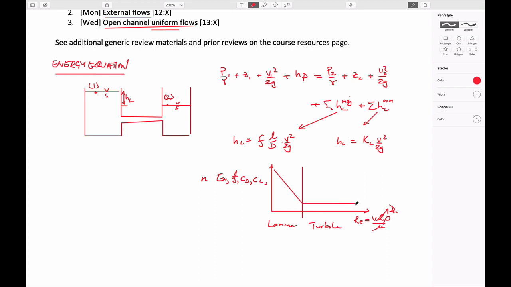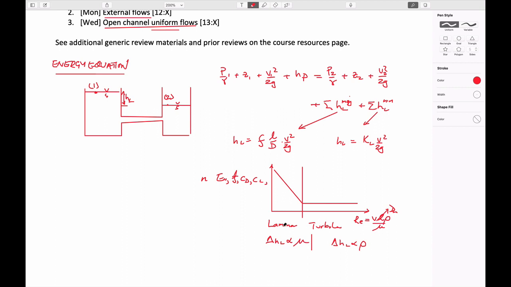with different characteristics. In the laminar regime, the friction factor is a function of Reynolds number, which means that the behavior in terms of head loss is proportional to viscosity, and in the turbulent regime, delta HL is proportional to density.